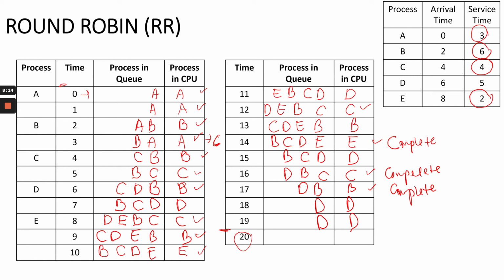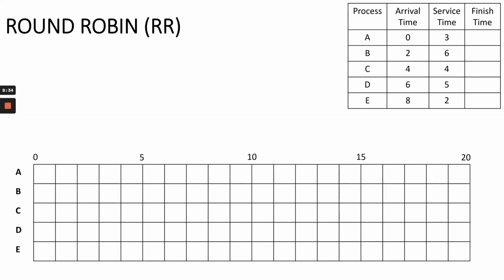Now we can draw the execution pattern by looking at the column for the process in the CPU. We transfer all of the information on the determined process in the CPU into the execution pattern.